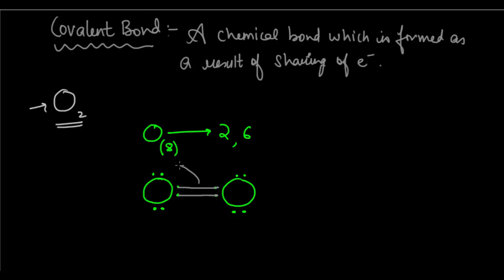So basically, this is what happens, not this. So you can even depict it like this. This can also be depicted like this. So if we have an oxygen with 6 electrons, and we have another oxygen with 6 electrons.